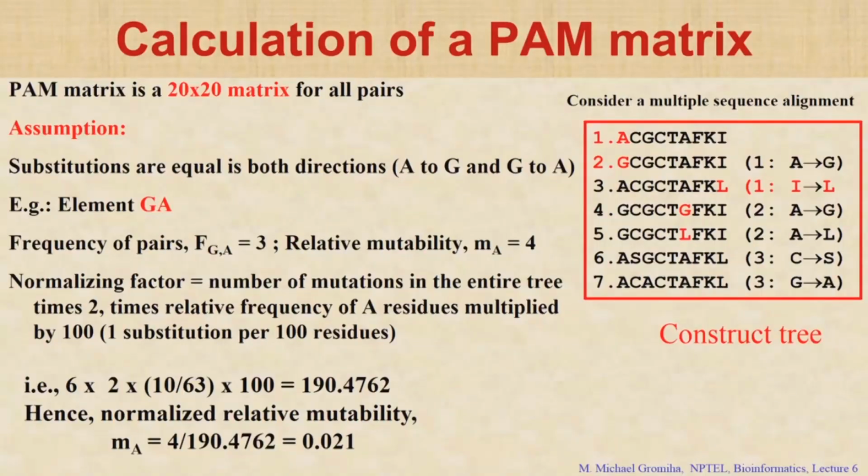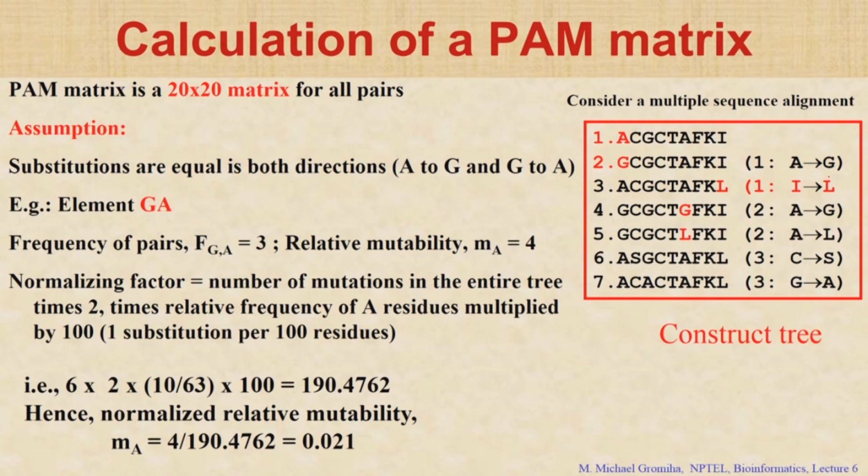Now we have different sequences, sequence 1, 2, 3, 4, 5, 6, 7. From one sequence to another sequence you can see the mutation. From 1 to 2, the position number 1 A is mutated to glycine.